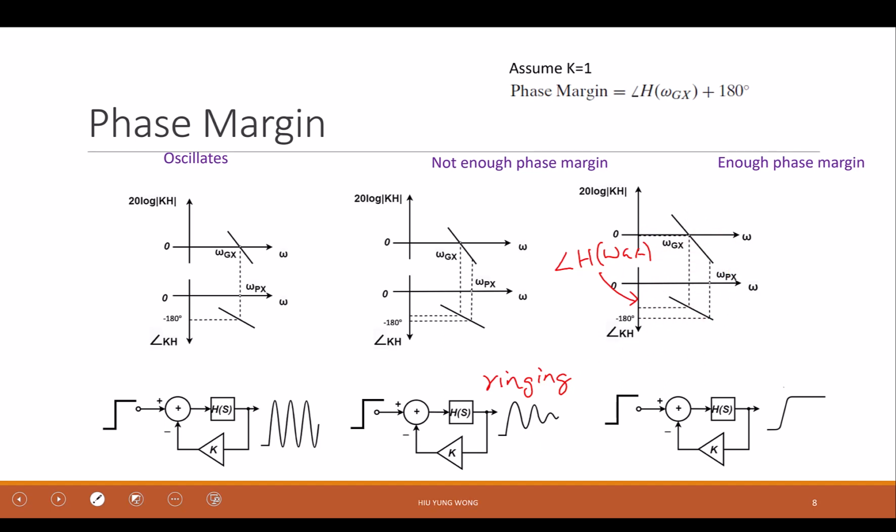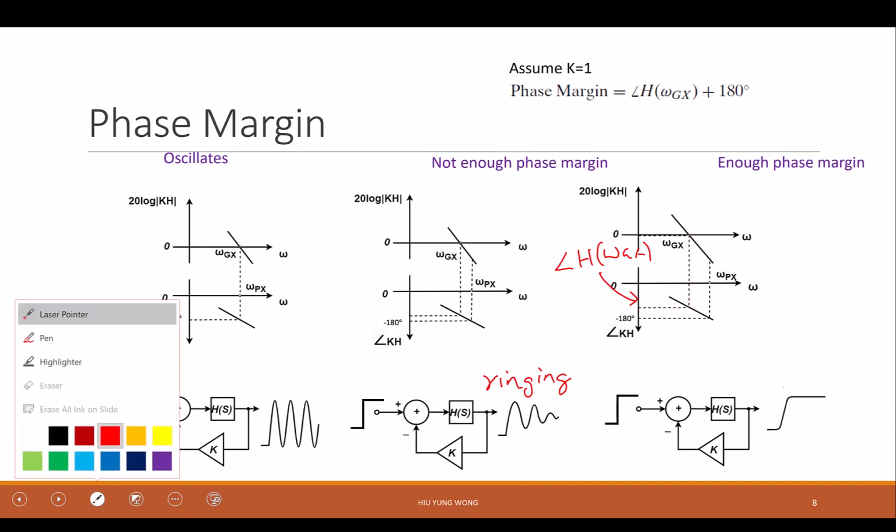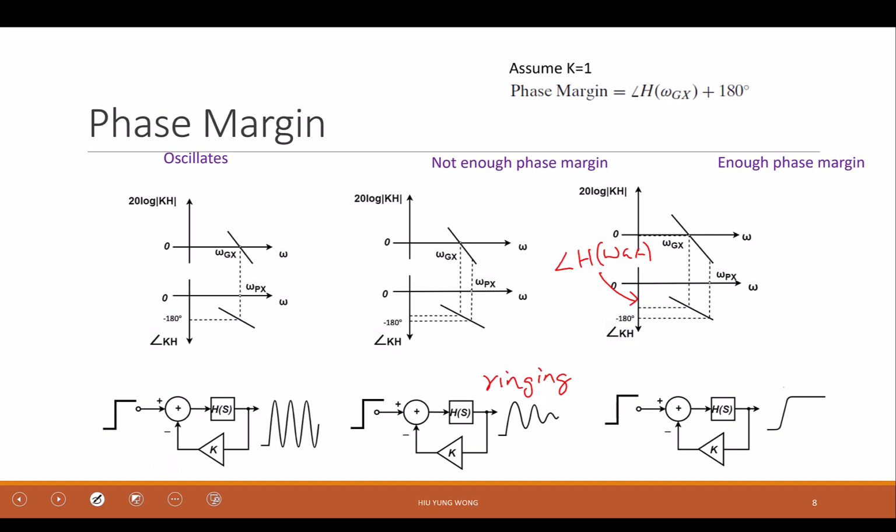So how do you find the phase margin? It is like finding, at the gain crossover frequency, what phase shift you have. So this writing is really difficult to read, right? I mean omega gain crossover. So let me make it better. The angle of H at omega gain crossover.